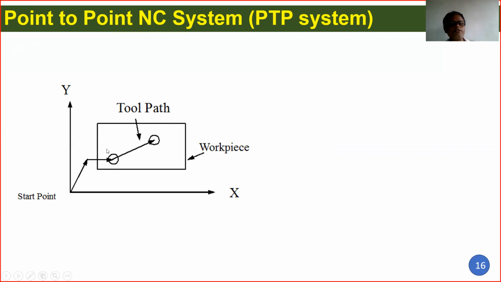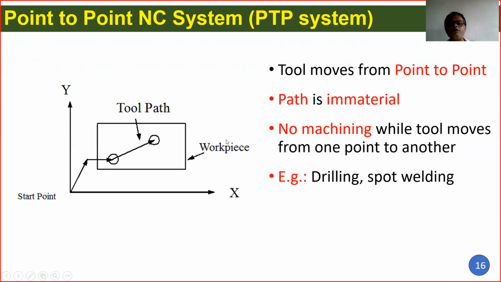So we will see now, this is the workpiece. This is the start point of the tool. It has reached the two locations, and there is no machining, even though you can see the line in the tool path, no machining is done in between the movement of the tool, that we will see now. So the tool moves from point to point, hence it is called point to point NC system.